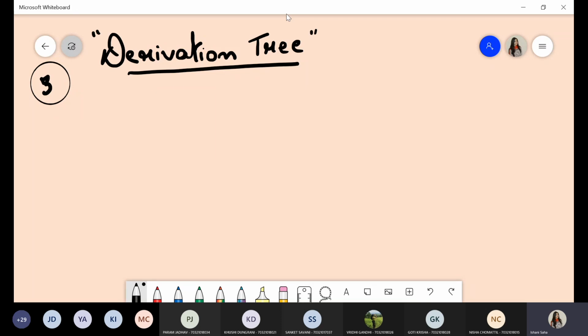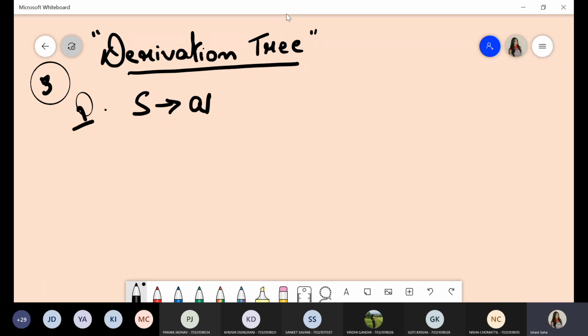That means the question would be given in this way, that you have to derive the string. In the question, the grammar would be given to you, and along with the grammar, the string would be given to you. So I'll write down the question. Let's say the question is given in this way.